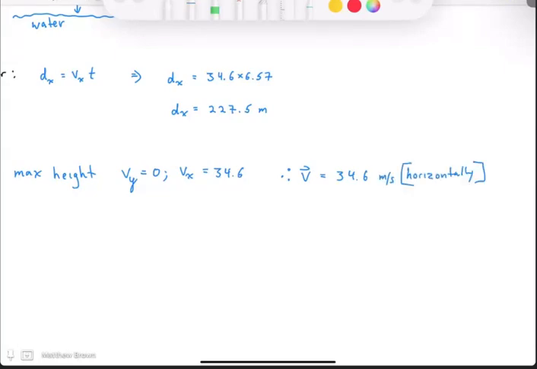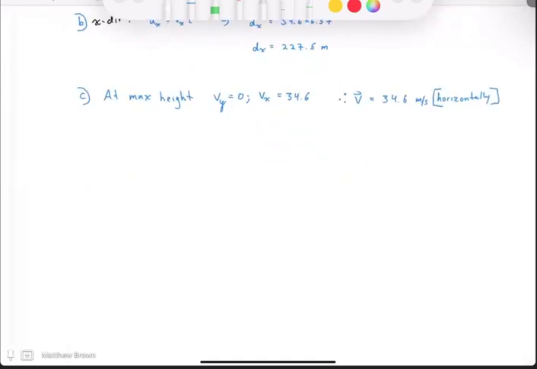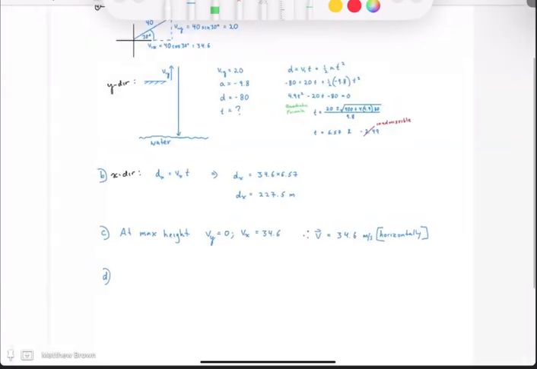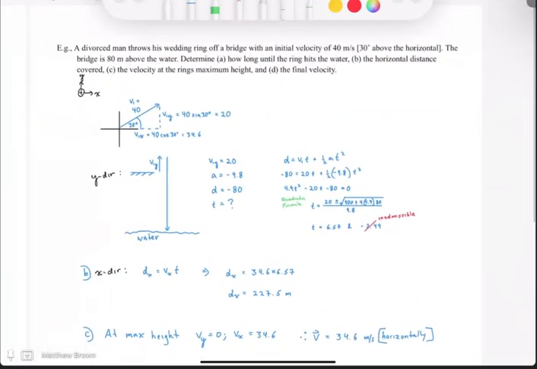And I'll write in there meters per second horizontal, just because this is really important to understand exactly what's happening, that it doesn't stop moving there. Okay, we got one more thing, and I think it might have a little bit of work to it. What are we asking for? The velocity at its maximum height. Okay, that's what we did.